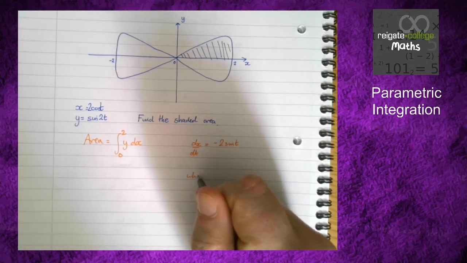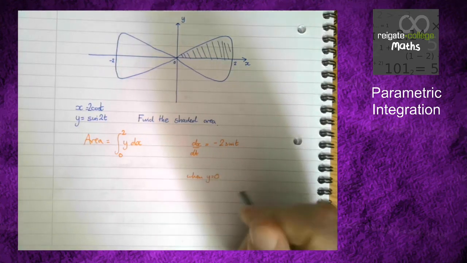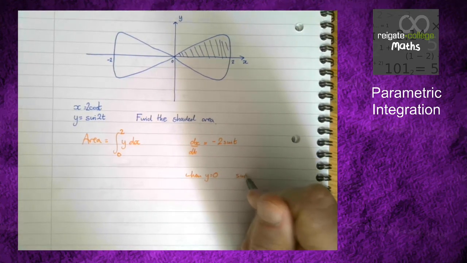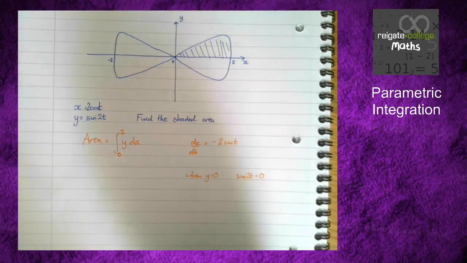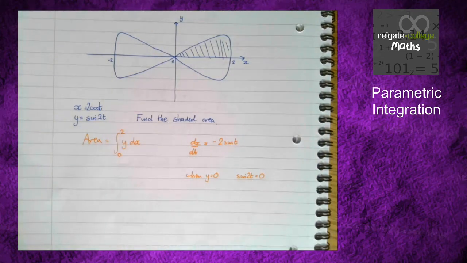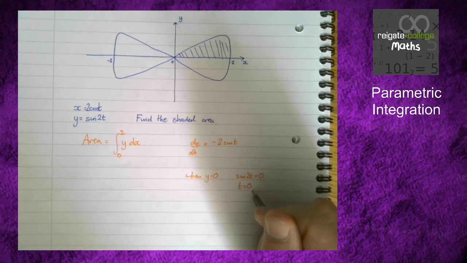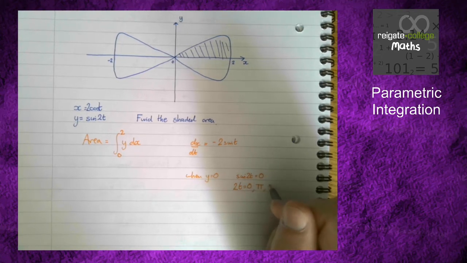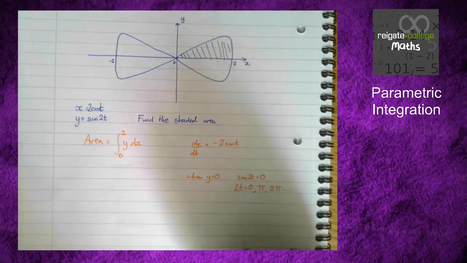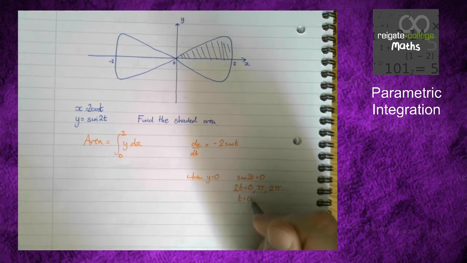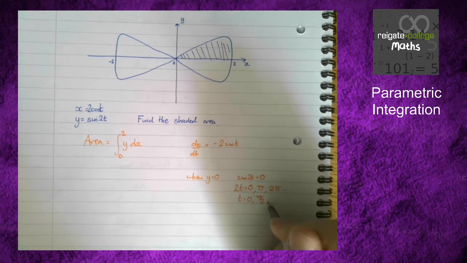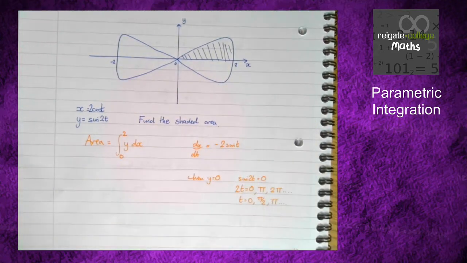So when y is 0, sin 2t equals 0, which we know we have many solutions for. 2t is 0, pi, 2 pi, and so on. So t is going to be 0, pi over 2, pi, and so on.